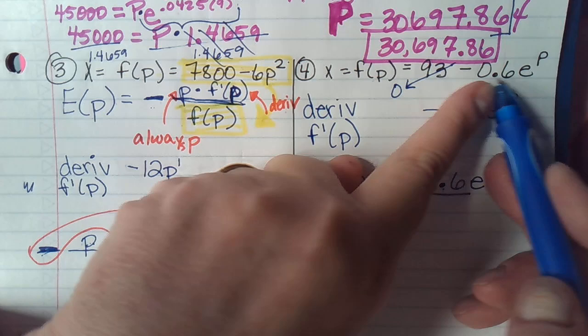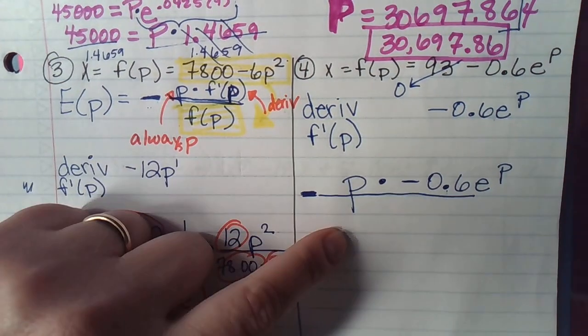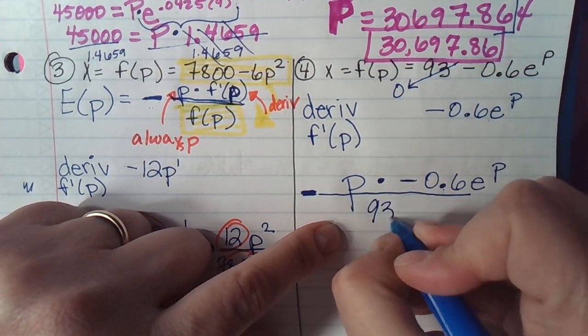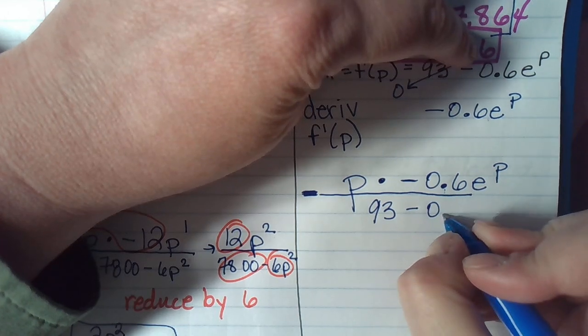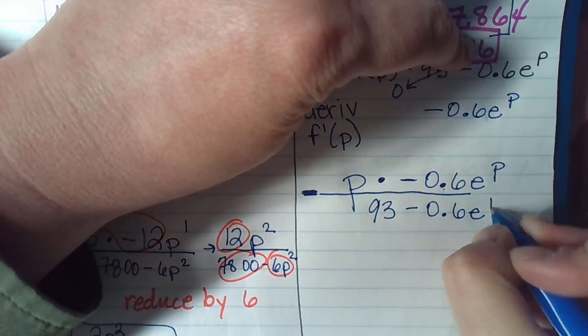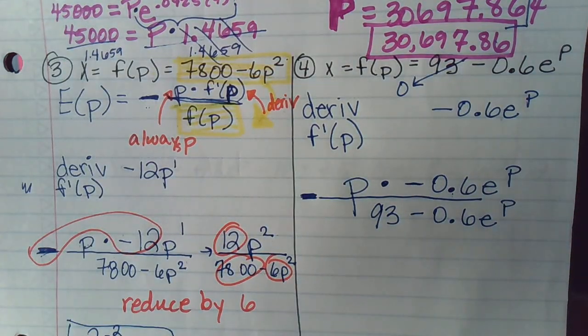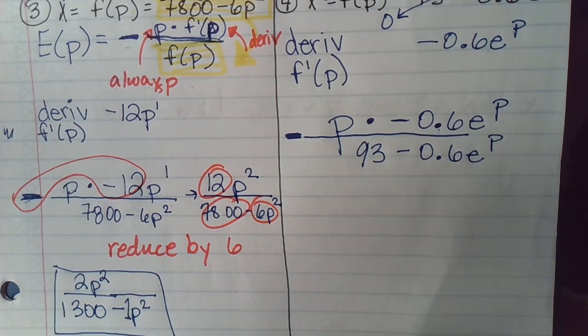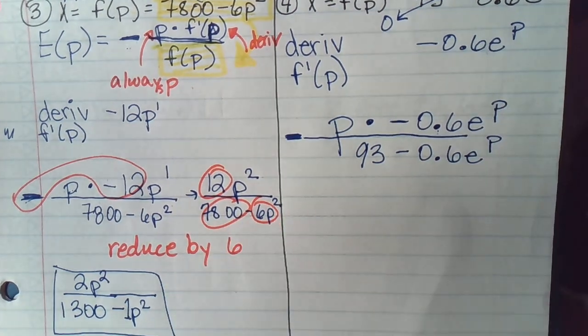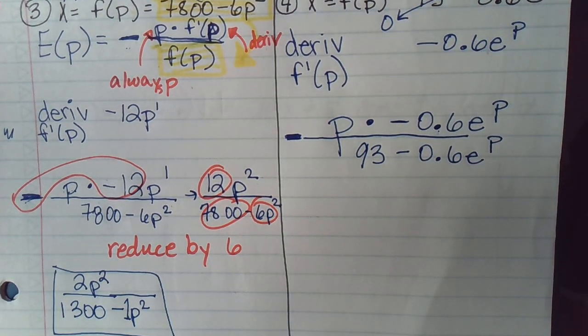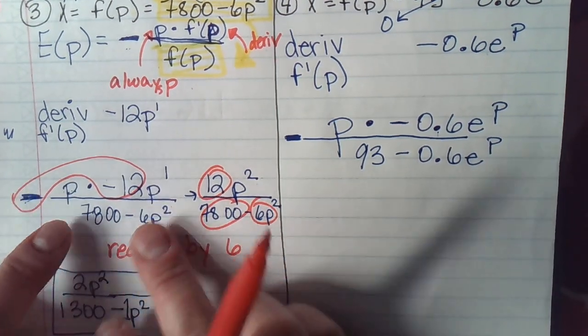And that looks like they already gave it to us. On the bottom, 93 minus 0.6 e to the p. Okay. This is kind of scary. This one's a little awkward because of the e, but we're going to do it the same way we did the problem on the left.